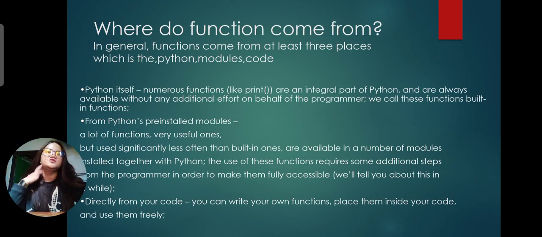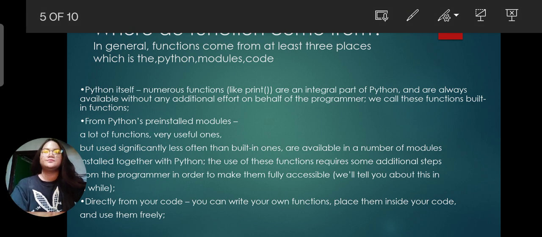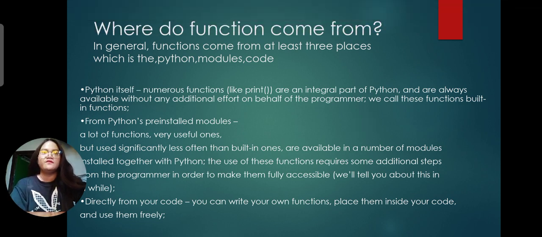Where do functions come from? In general, functions come from at least three places, which are Python, modules, and code. So what is Python? Python itself has numerous functions like print that are an integral part of Python and are always available without any additional effort on behalf of the programmer.